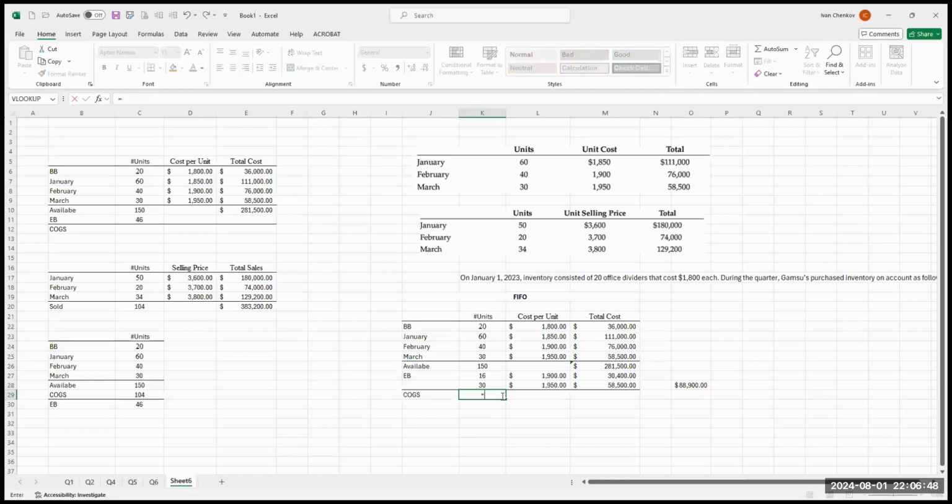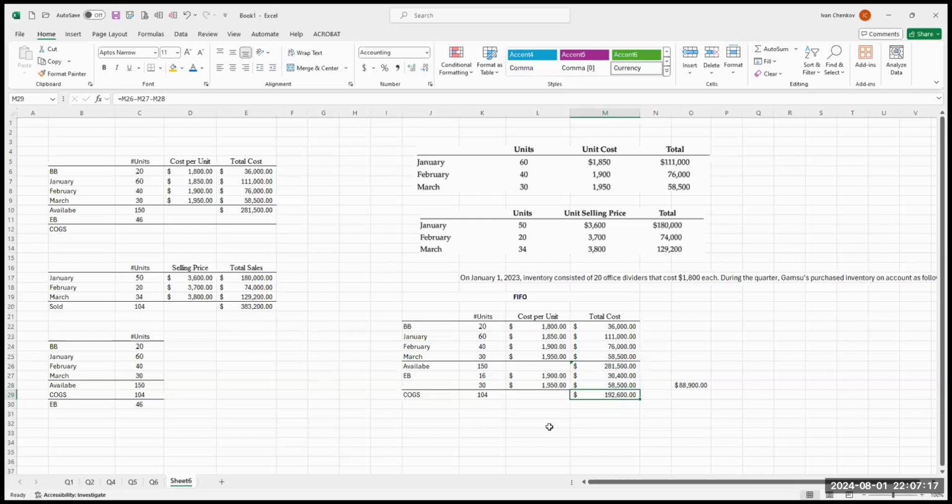That means I sold, that's how much I have available, minus 16 and minus 30, which is 46, I have 104. My cost of those goods, the 104 units that I sold, is 281,500 minus 30,400 for the 16 from the second last purchase, minus 58,500 from the last purchase.